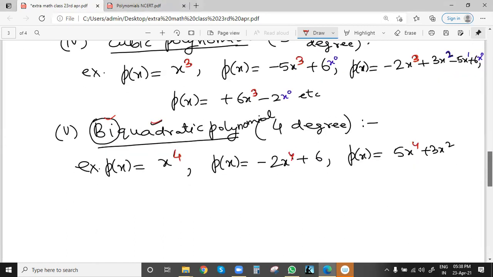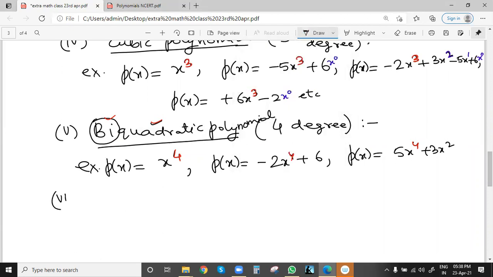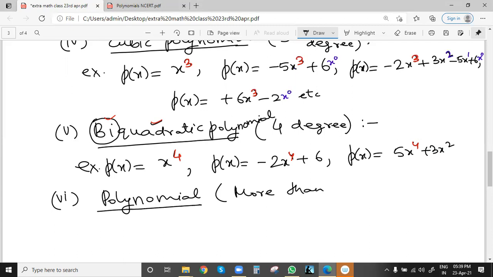So now questions. We can write more than 4 also, like 6th degree. We can simply mention this as a polynomial of more than 4 degree, if they ask the type of polynomial based on degree.